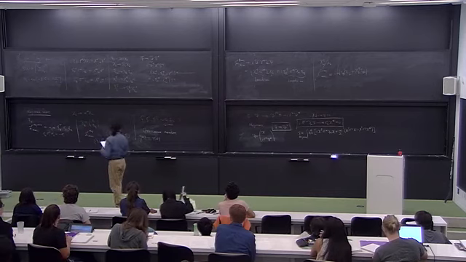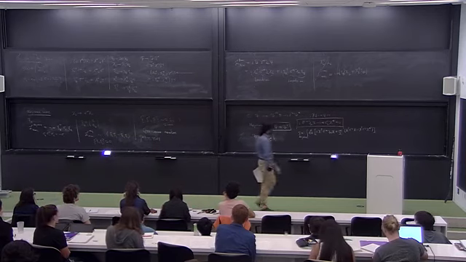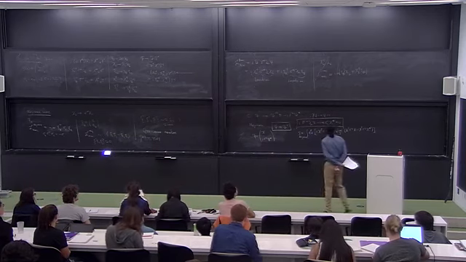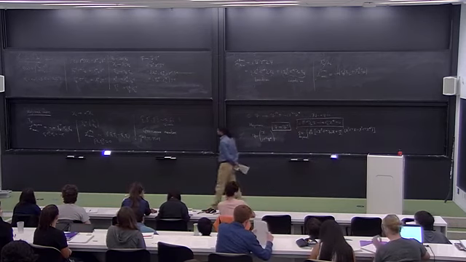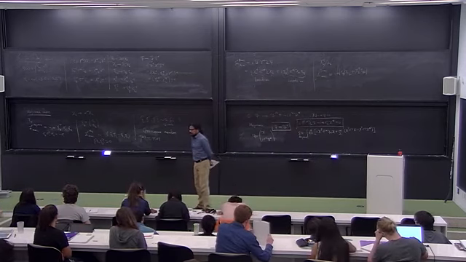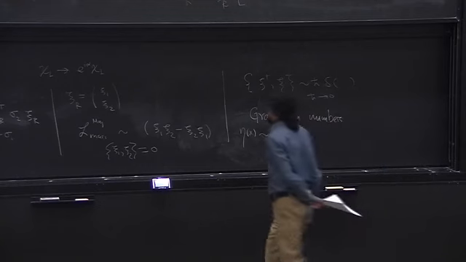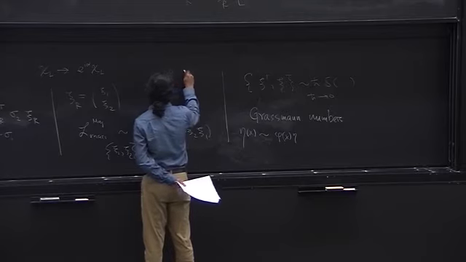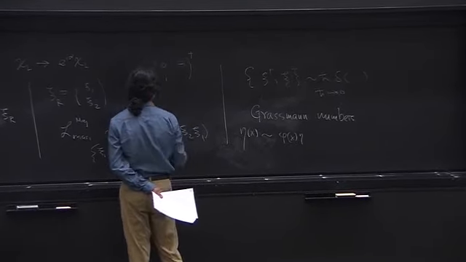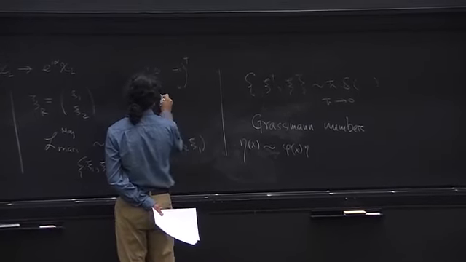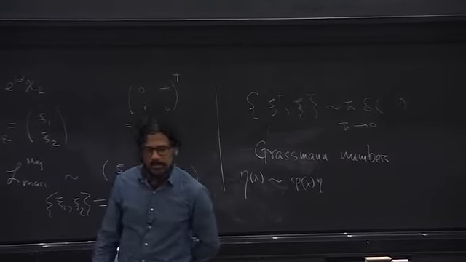That's interesting. It should be Hermitian, right? And the thing is that sigma 2 is imaginary. So if you take the Hermitian conjugate of sigma 2, well, sigma 2 is Hermitian, so I don't have to do that.